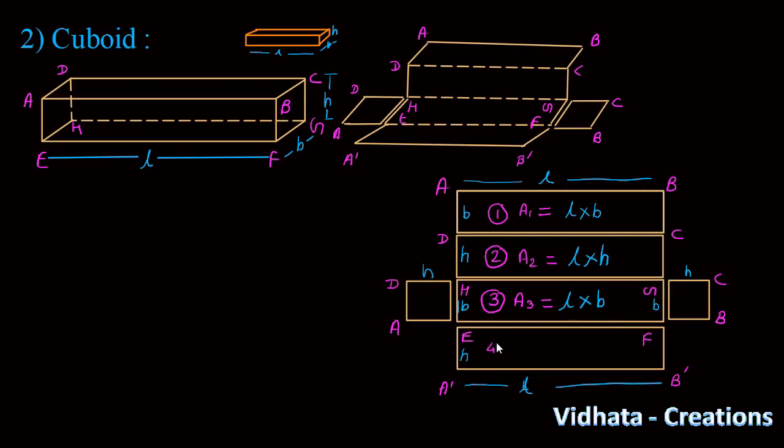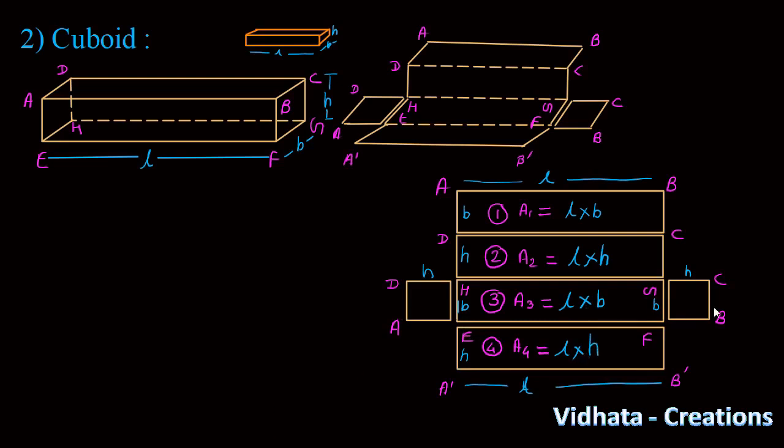Here I will calculate the area number 4 of this rectangle and call it A4. What will be the area of this rectangle? This is length, so length multiplied by, in place of breadth there is height, so I will write it as H.